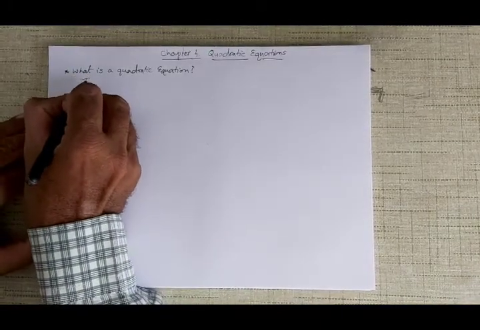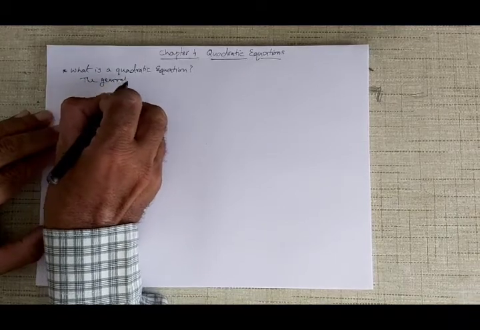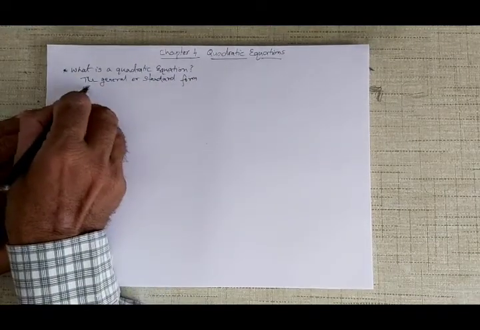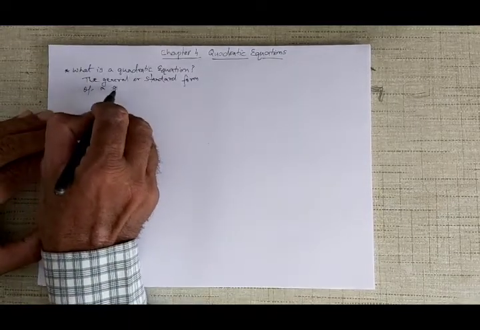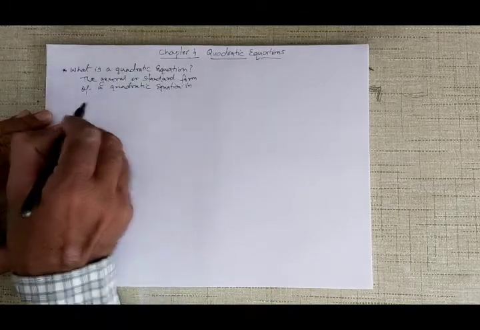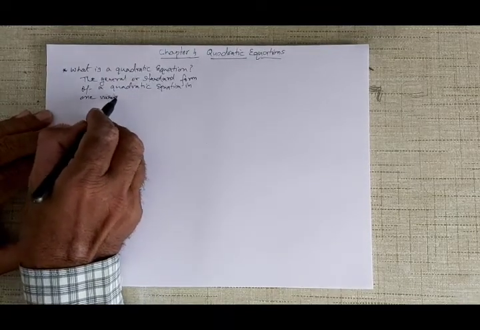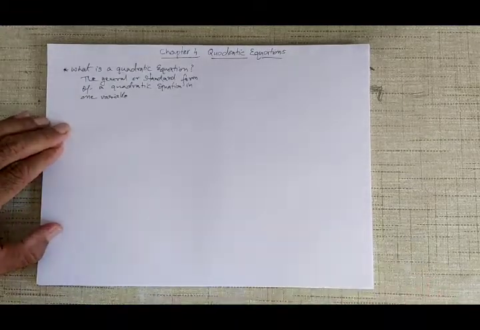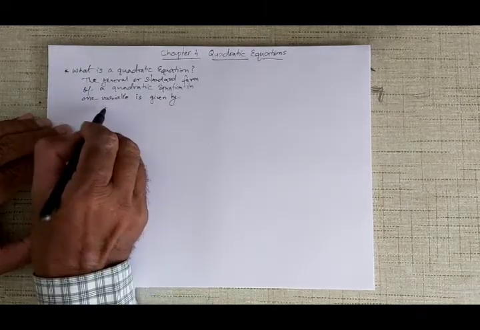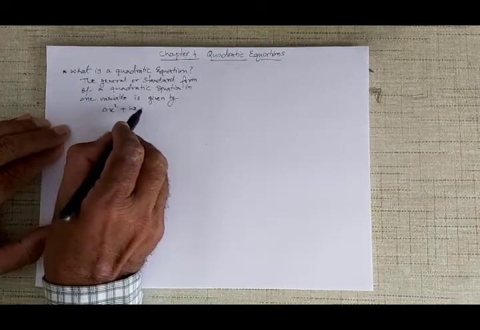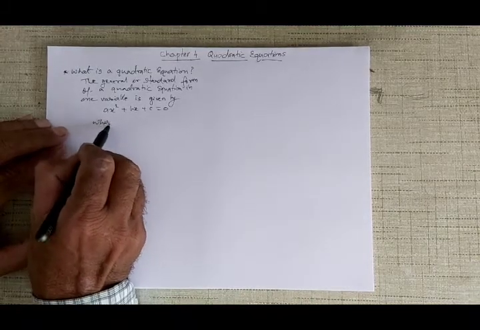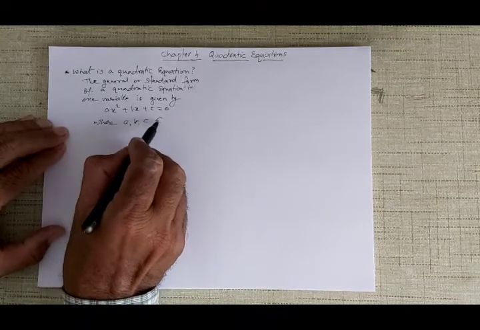The general or standard form of a quadratic equation in one variable is given by ax square plus bx plus c is equal to 0, where a, b and c belong to the set of real numbers.